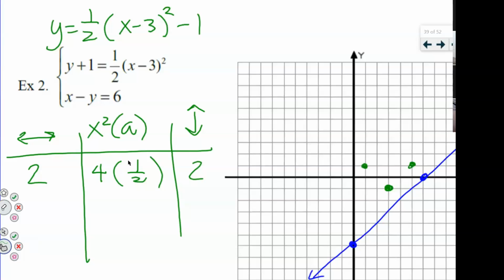Okay, let me do one more point. Let me go 4 places away from the vertex. 4 squared is 16 times 1/2. That means we're going to go 8 places up.